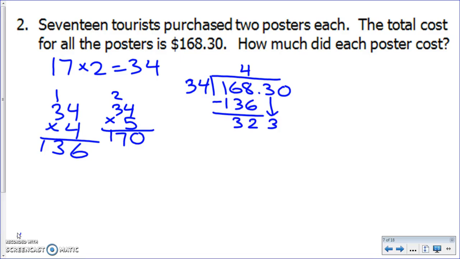Now we've got 323 for 34 to go into. 34 times 10 would be 340, so let's try 9.